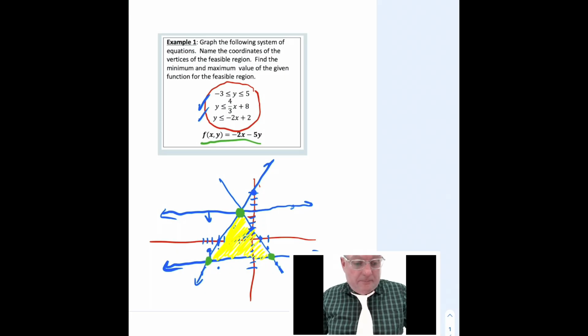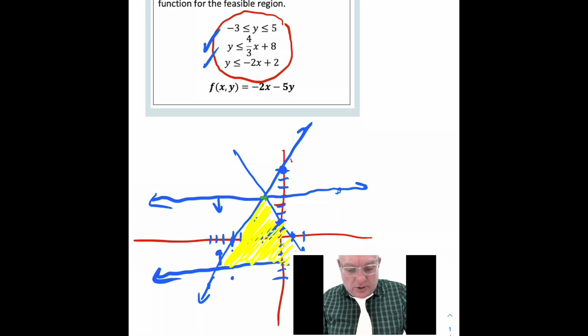So if I went back to this, I'm going to undo this for a second, these points. And I'm going to emphasize that right here, I've got 2 points. This is a trapezoid. Okay?